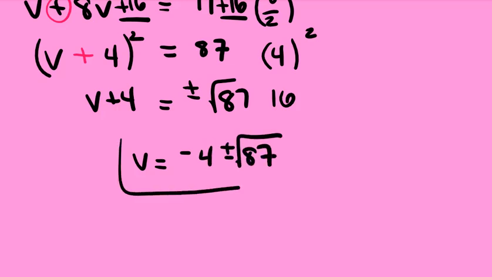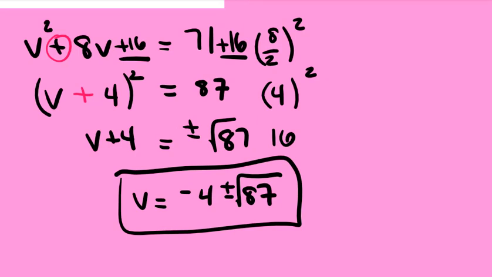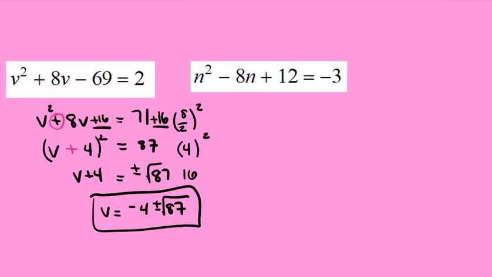So that is our solution to example number 2, because 87 is also a prime number. If it wasn't a prime number, then we would have to simplify that a little bit further. But you get the idea of completing the square so far: taking a trinomial and rewriting it as a binomial squared, and moving things around and solving like we did when we solved quadratics by taking square roots.